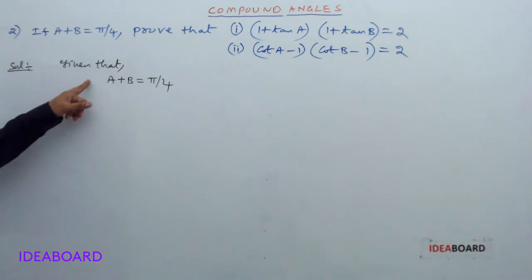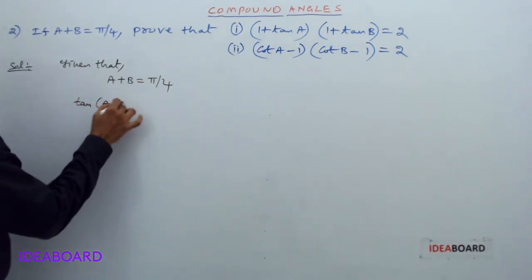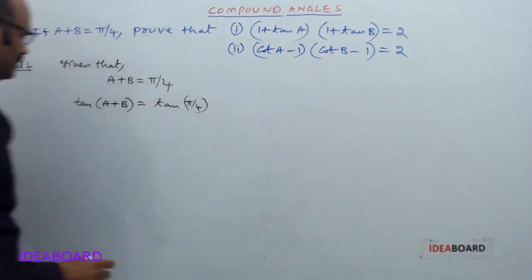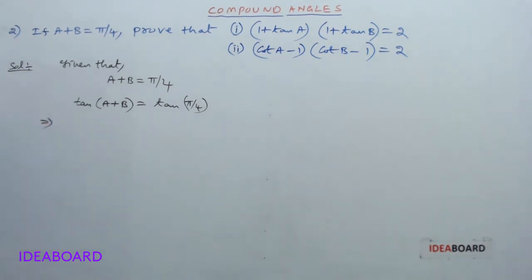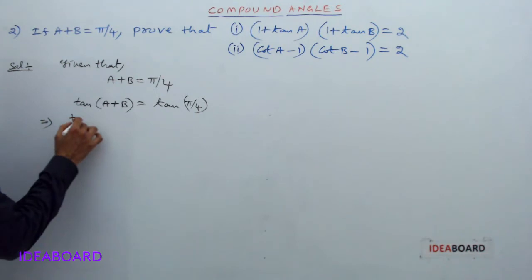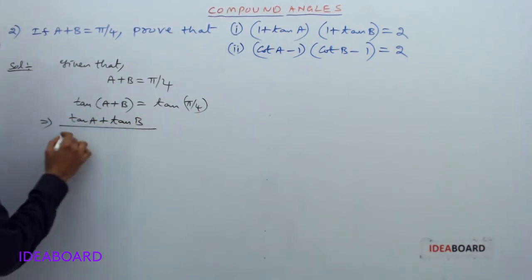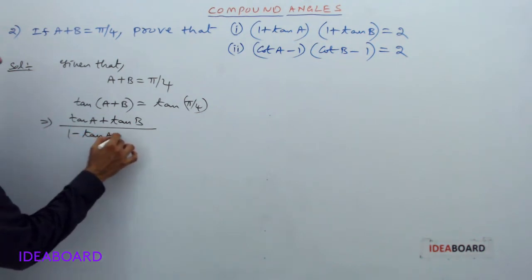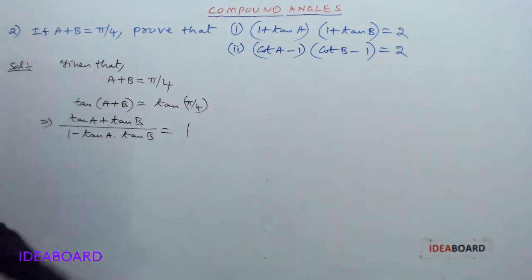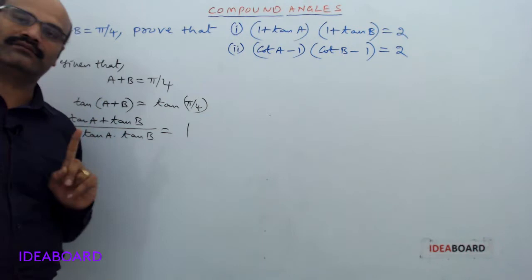So here we have to apply tan on both sides. Tan of a plus b equal to tan of pi by 4. So it implies we have tan of a plus b, formula tan a plus tan b by 1 minus tan a into tan b equal to tan pi by 4, 1. Pi by 4 means 45, so tan 45 degrees equal to 1.